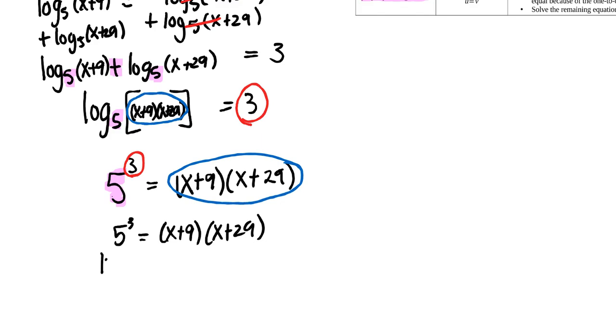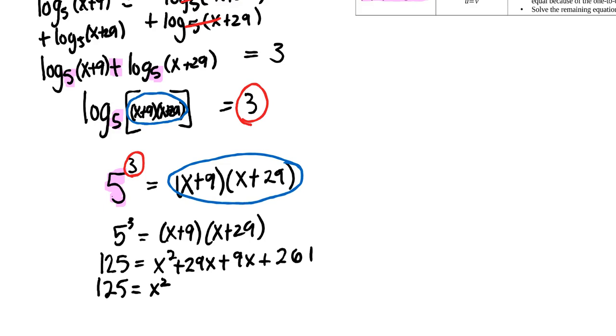5 to the third power is 125. Want to multiply this out. That's going to give me x squared plus 29x plus 9x. I'm not sure what 9 times 29 is. Let me multiply it in my calculator. That's 261. I'm going to combine like terms. 29 plus 9 would be 38 plus 261.